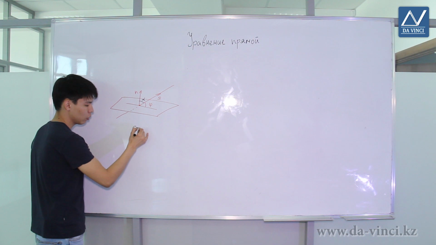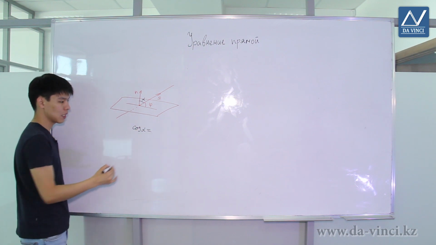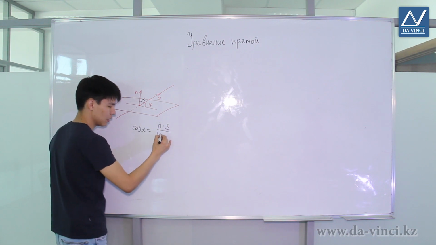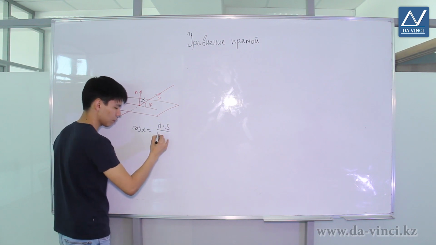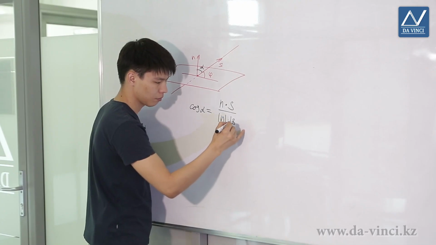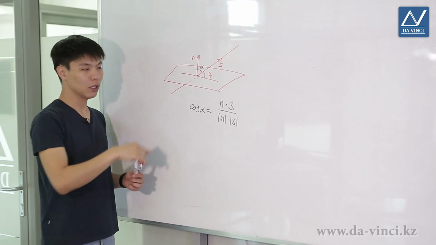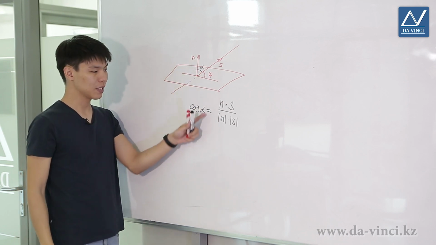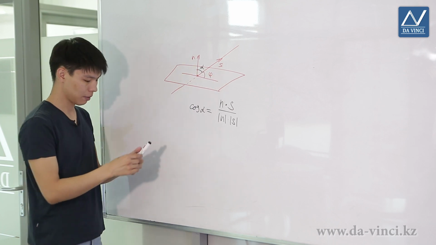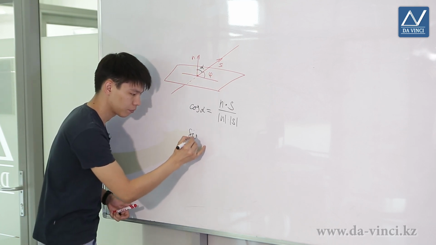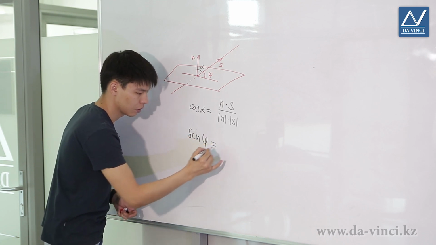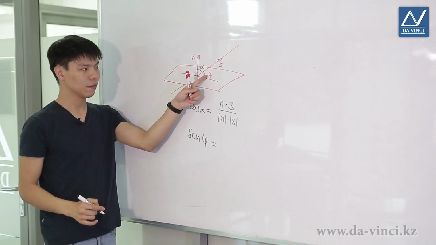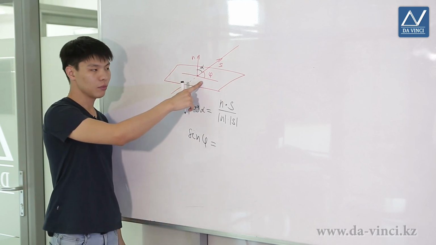The cosine of alpha can be found very easily by the scalar product formula. Namely, the cosine is equal to the scalar product divided by the product of their lengths. Now that we found the alpha angle, it is obvious that the angles alpha and phi are connected through pi over two. Thus, if we know the cosine, then we can calculate the sine of phi. But we can have a negative cosine as well, but the phi angle here will be from 0 to 90.